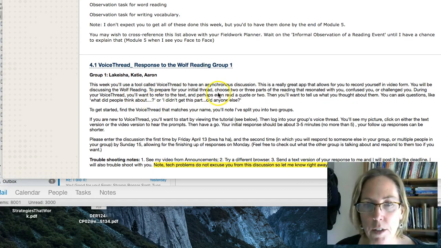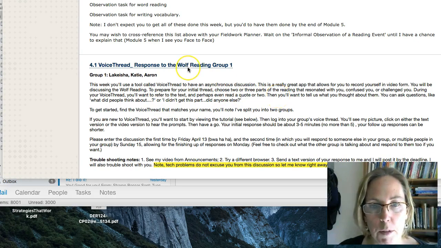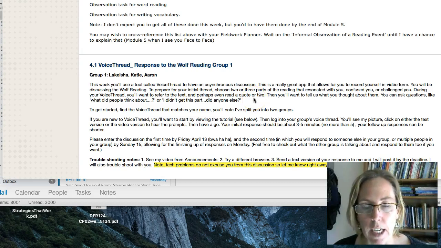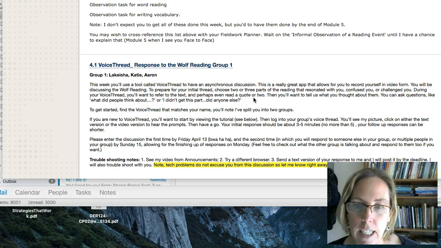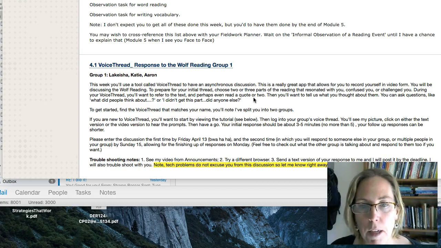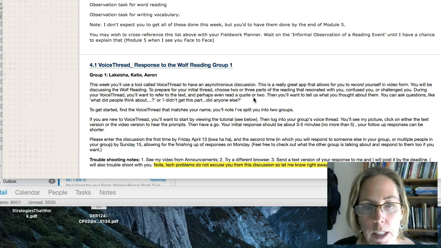Here it tells you how to prepare for it. You're going to choose 2 or 3 parts of the Wolf reading that could resonate with you, confuse you, or challenge you, and you're going to want to note those. Have your text handy, and when you talk about them, you might want to read a quote and then tell us what you thought.